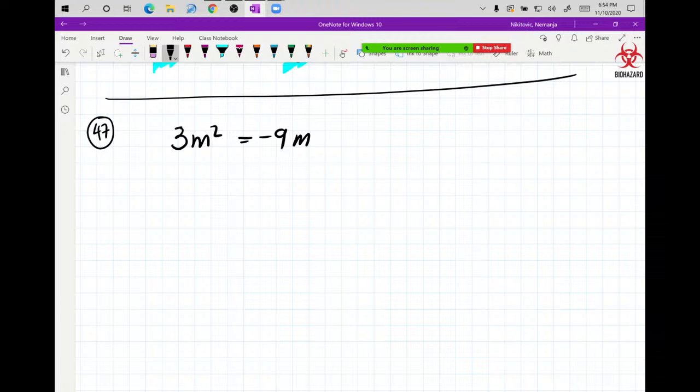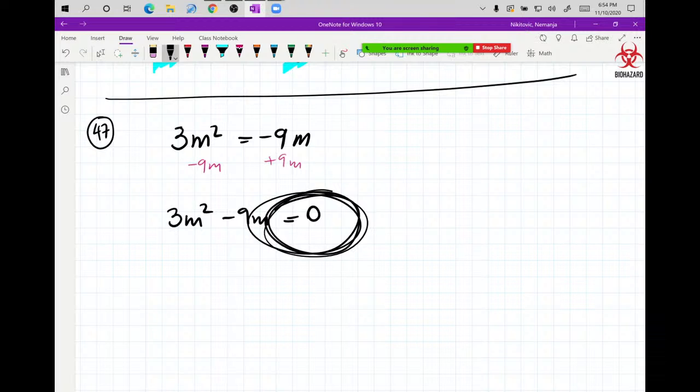Minus 9m? Excellent. So we'll add 9m to both sides to remove the negative 9m. Now, on the left-hand side, they do not add together because they're not like terms. And we got that 0 on the right. So you always have to have it equal to 0.